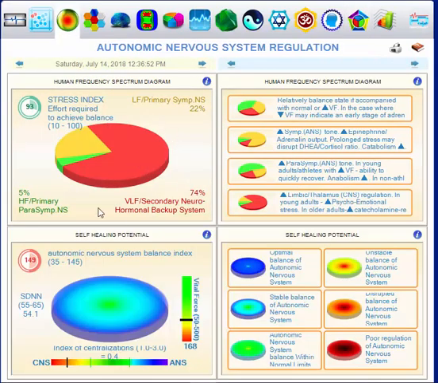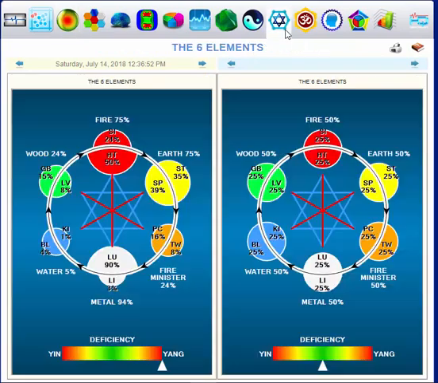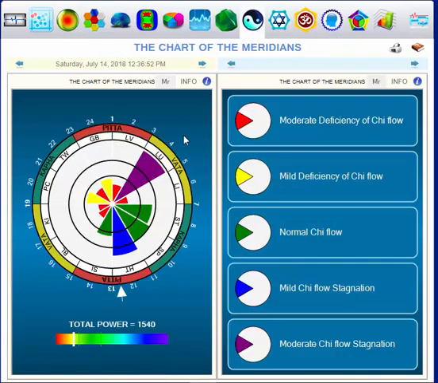We see the VLF is not running too much, the stress index is in the normal range, the vital force is high enough, and then we're analyzing the meridians, and we see the lungs meridian has a stagnation. So this will give us a clue that the emotional component is draining some adrenal glands.